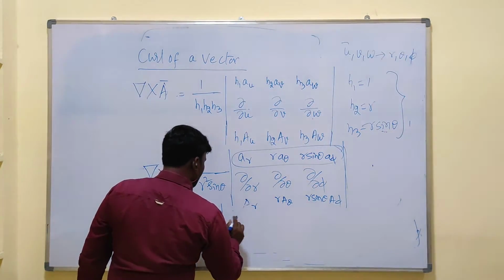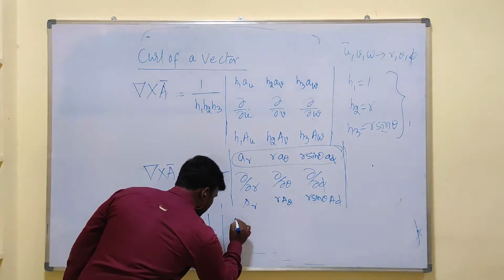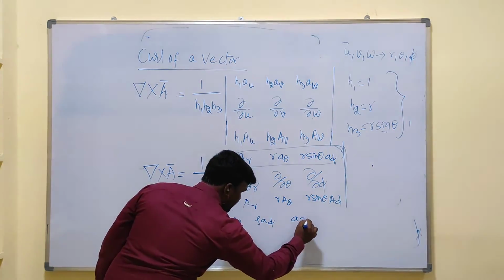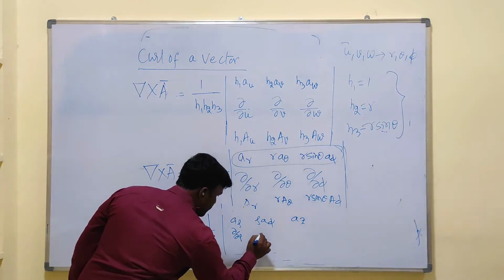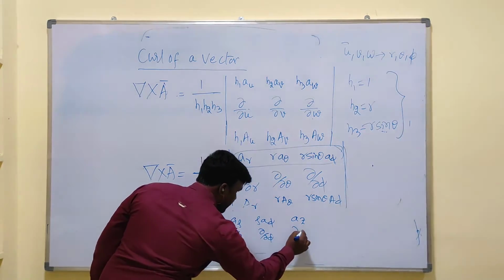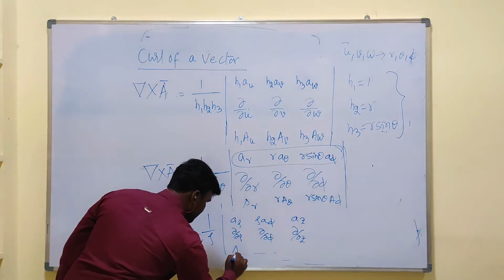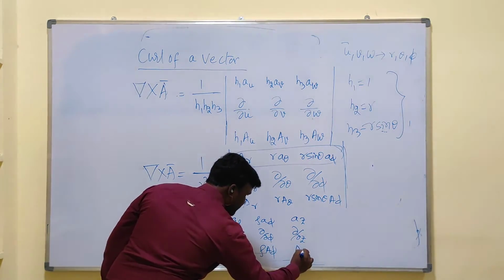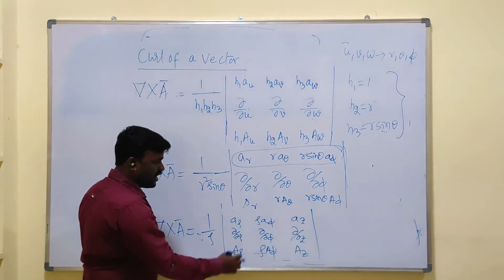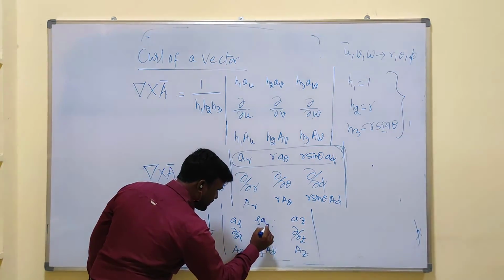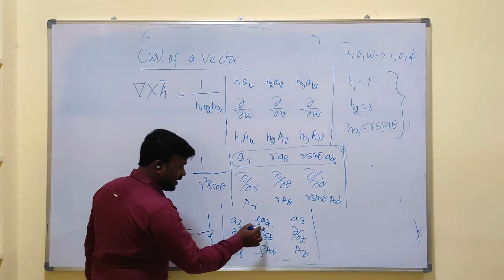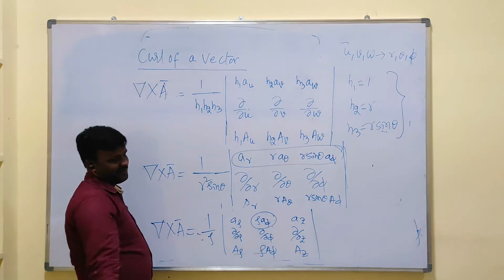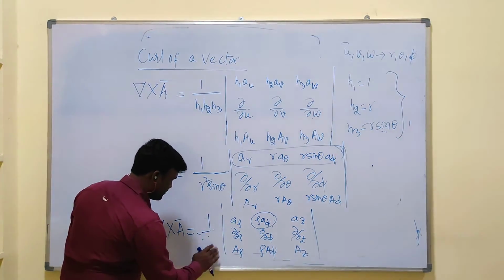Now write the unit vectors: along rho, A rho; along phi, rho A phi; along Z, A Z. Dou by dou rho, dou by dou phi, dou by dou Z. Along phi, the differential element is rho into d phi, along unit vector A phi. Okay, this is the rho.